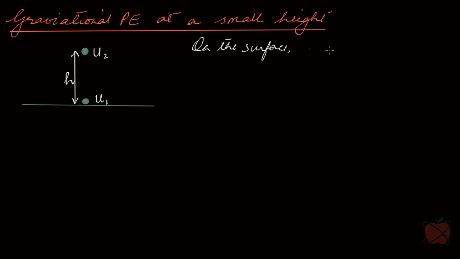What is the expression for gravitational potential energy? U1 is minus GMm by, what is the distance now? The distance now will be r, is it not? Since the value of small r now will be equal to capital R.